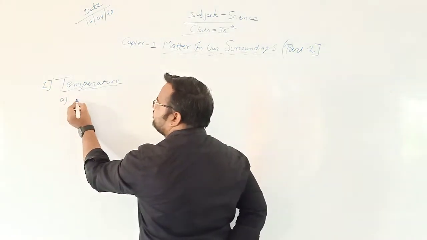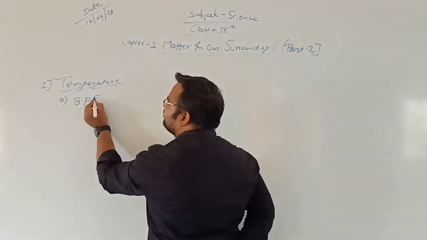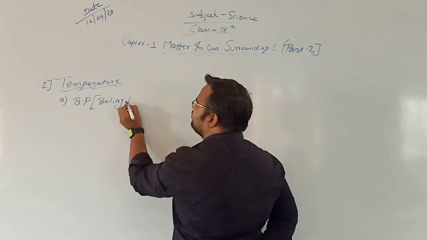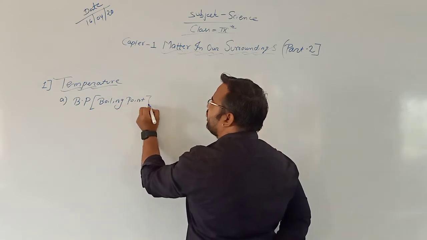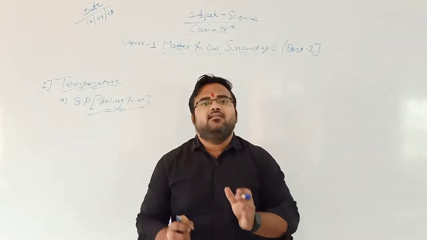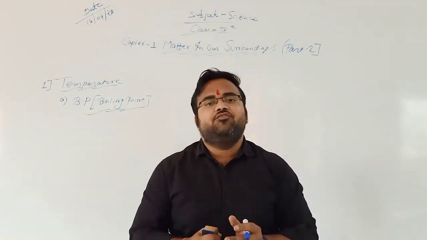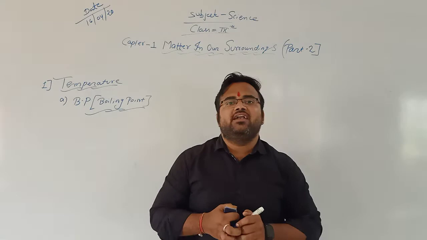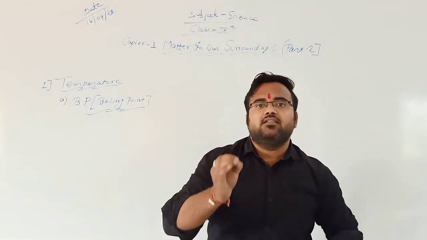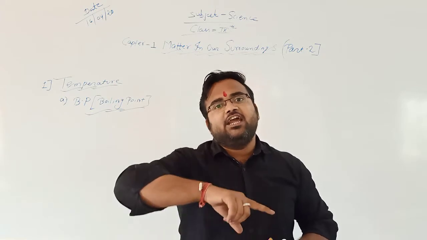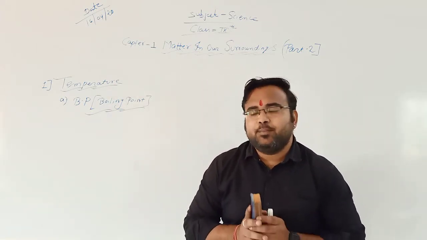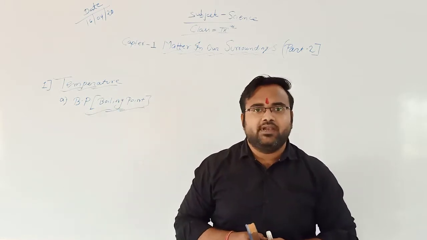Now we are going to see some basic concepts or factors which are given in our chapter: boiling point. Boiling point is the temperature at which a liquid is converted into vapors, or we can define it as when the liquid is converted into vapor at a particular temperature, then that temperature is known as the boiling point.